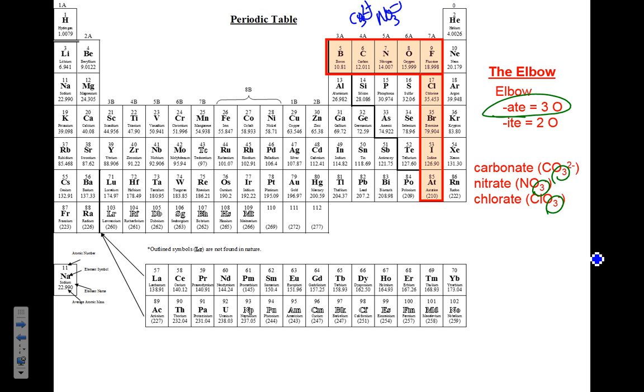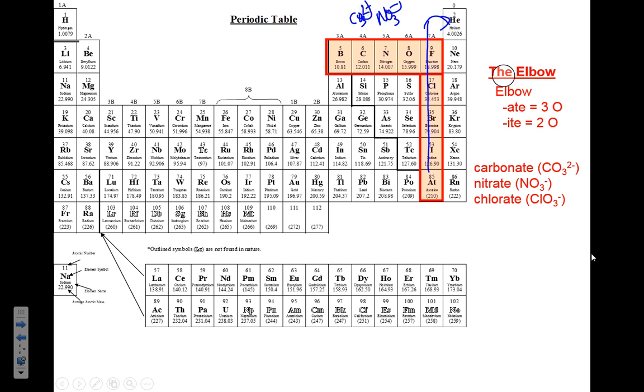So if I remember nitrate is -1 and I look that carbon is 1 left, that might help remember that the carbonate is going to be a -2. And all of my halogens are 1 away from the nearest noble gas, and before that meant a -1. So notice chlorate is also a -1. So that might be a way to help remember that carbonate was a -2, nitrate was a -1, and chlorate was a -1. Now, that would be things in the elbow.